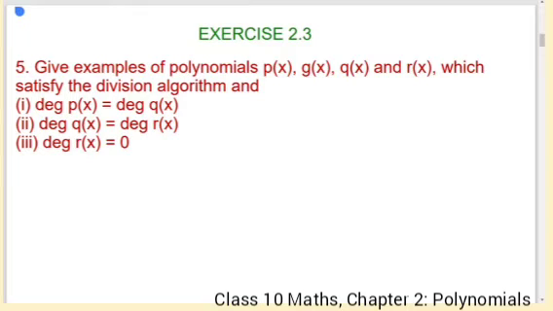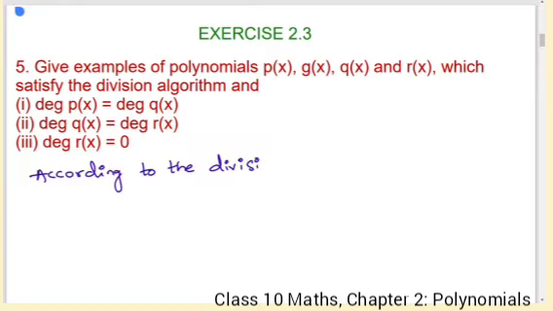Fifth question. Give examples of polynomials p of x, g of x, q of x and r of x which satisfy the division algorithm. First is degree of p of x is equal to degree of q of x.